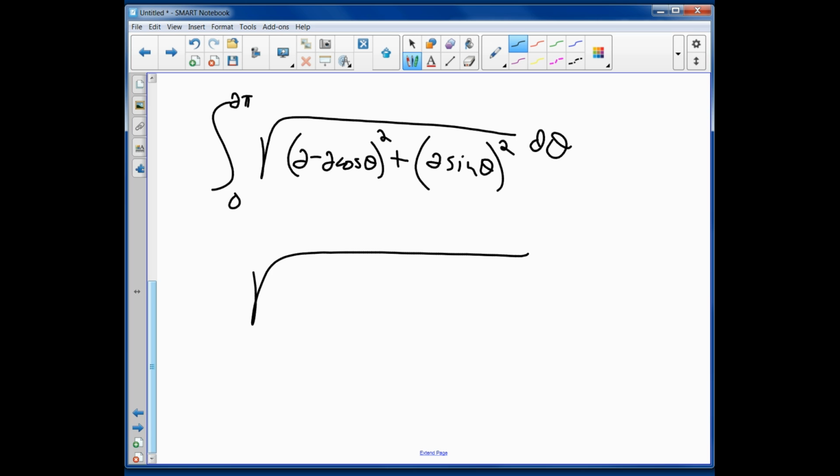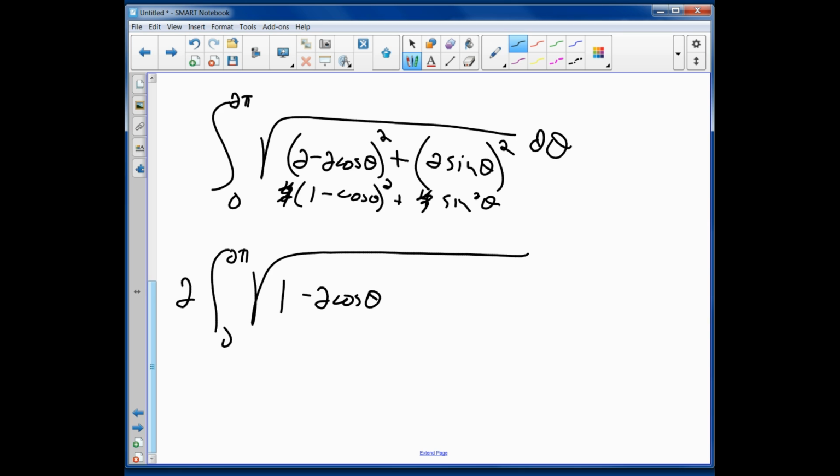So the 4's are gone. Makes it easier to me. So this is square the first, double the product, square the last, plus sine squared. That's 1. That makes it nice. 2, integral 0 to 2 pi, square root of 2 minus 2 cosine theta, d theta.